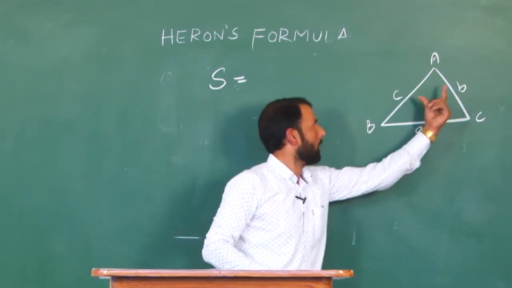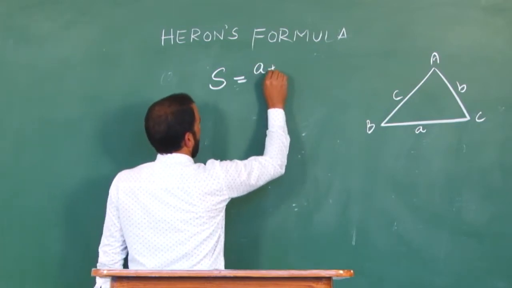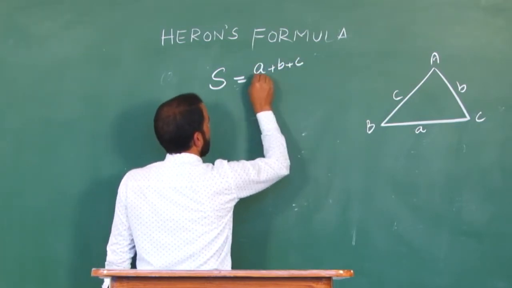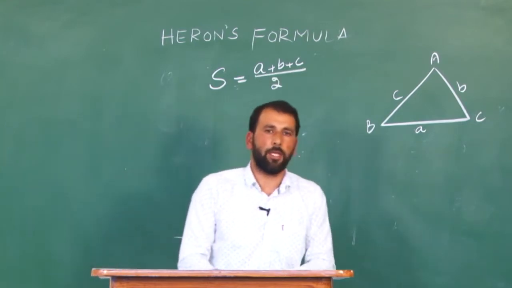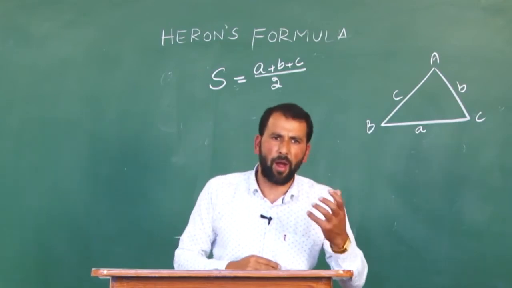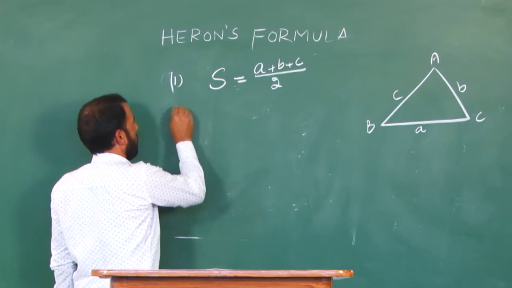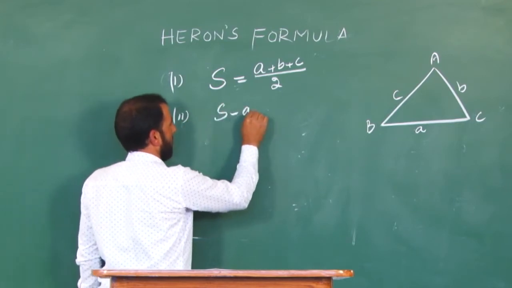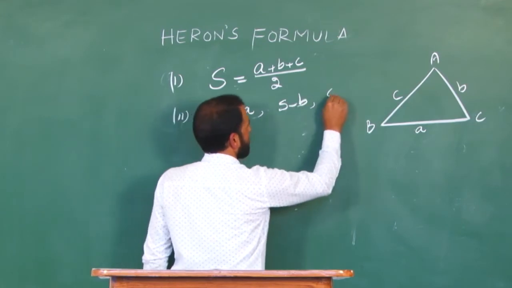Clearly, it is a, b, c. So semi-perimeter s equals a plus b plus c divided by 2. Then, as the second step, we find the values of s minus a, s minus b, and s minus c.